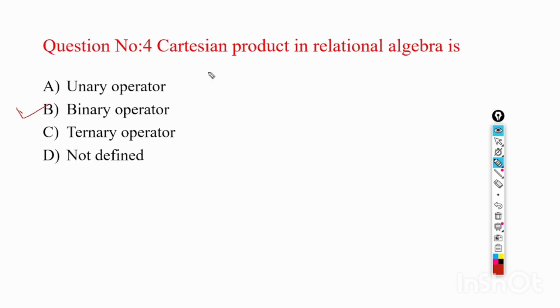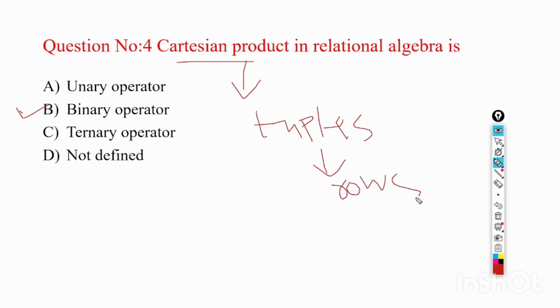Cartesian product in relational algebra is: unary operator, binary operator, ternary operator, or not defined. So what is the answer? The correct answer is binary operator. We already discussed the Cartesian product in a previous class. So what is the Cartesian product?